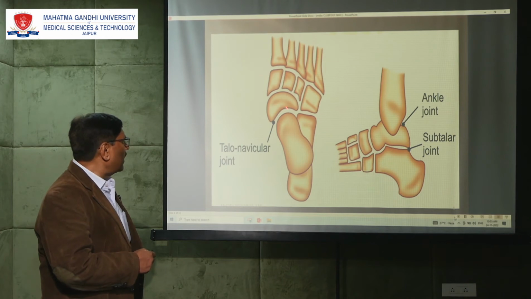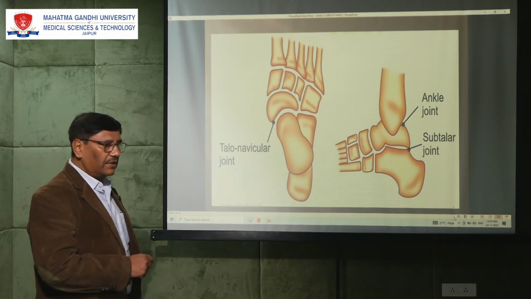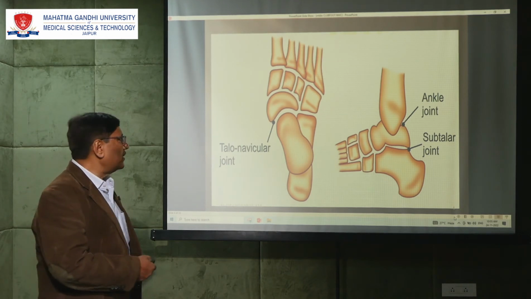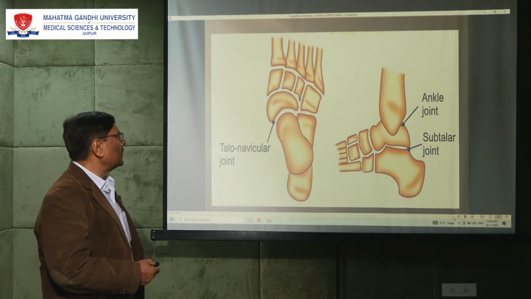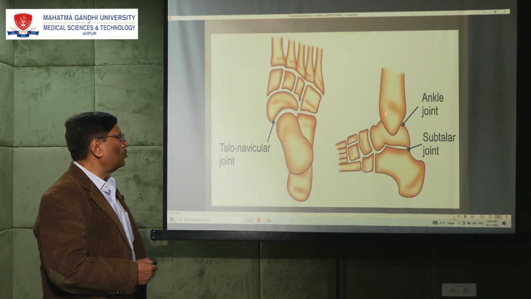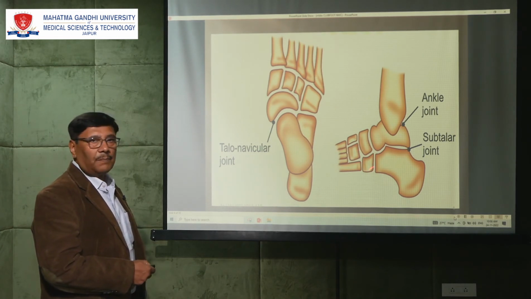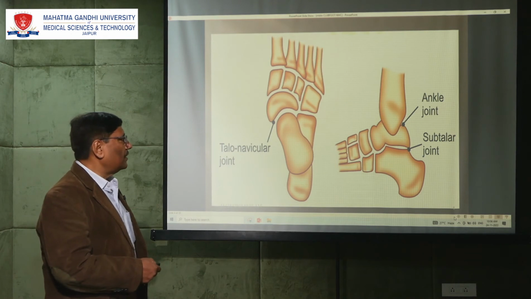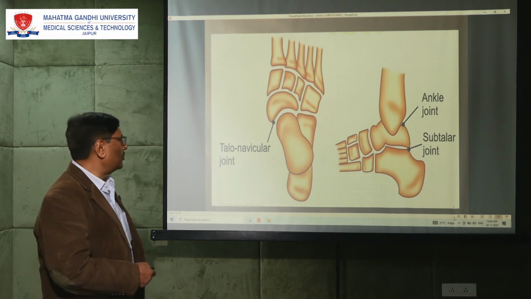So, this whole hindfoot joint is turned inwards, resulting in varus deformity. Lastly, there is the ankle joint, the tibio-talar joint, and this is fixed in plantar flexion, so giving an equinus appearance to the foot.